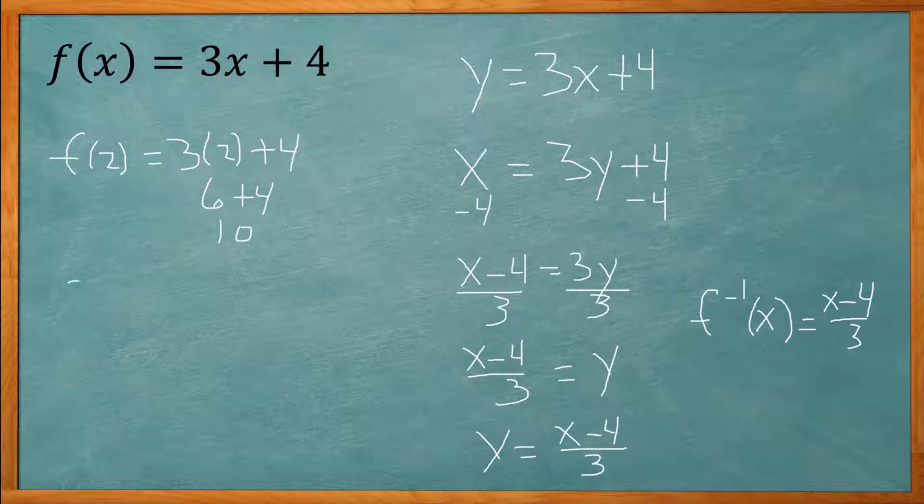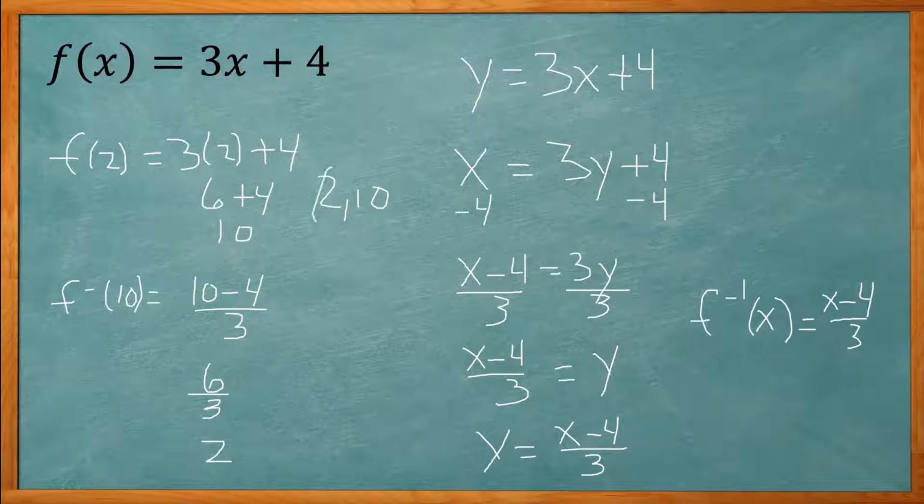Now if I take the inverse function of 10, it leaves me with 10 minus 4 divided by 3. 10 minus 4 is 6, divided by 3. 6 divided by 3 is 2. So I plugged in 2 to the main function, got 10. Plugged in 10 to the inverse function, and got 2. So it undid what the main function did. So we had 2, 10, and then 10, 2.